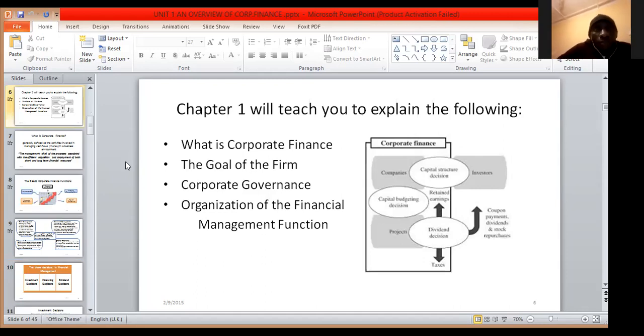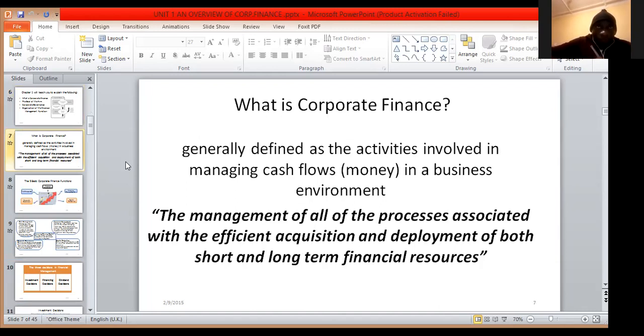In this chapter, we are going to look at what financial management is, what the goals of the firm are, then corporate governance, and organization of the financial management function. So, what is corporate finance or financial management?